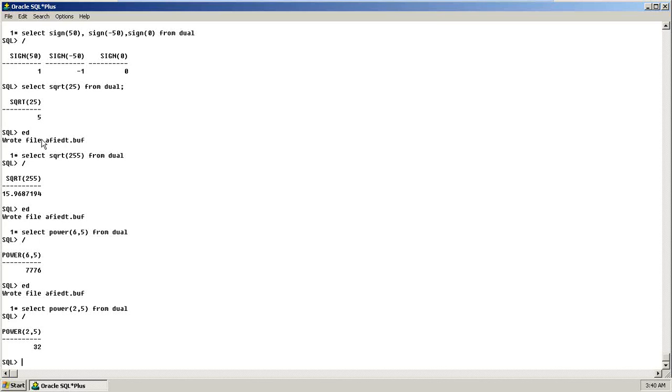And already we understood the modulus function, MOD, which returns the remainder of the division.